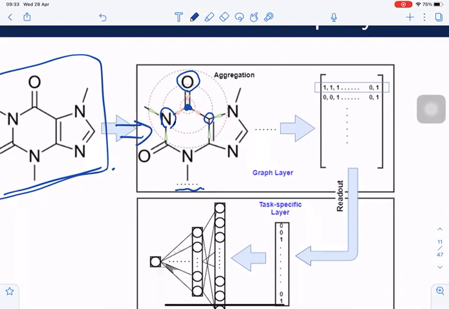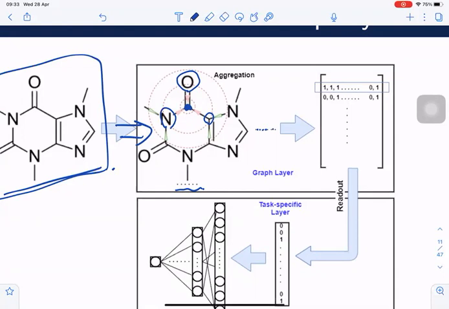And you might notice the ellipses at the right side, which mean how many layers you want to use. Because like we discussed before, if you have 2 layers, it means you will capture the information from the two-hop neighborhoods.